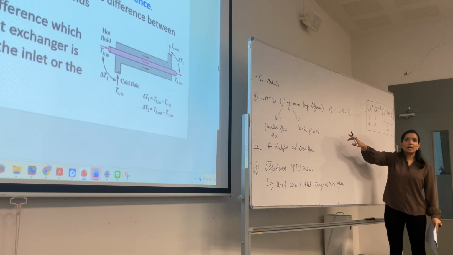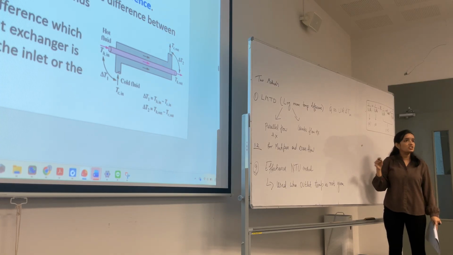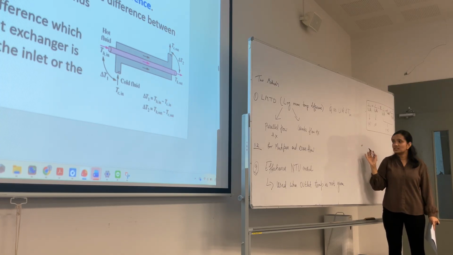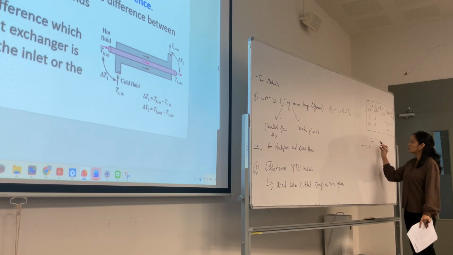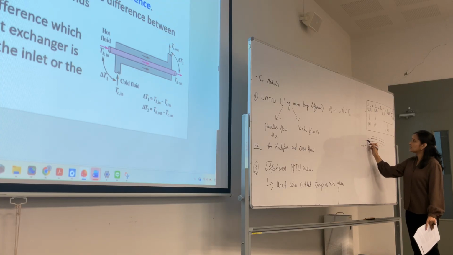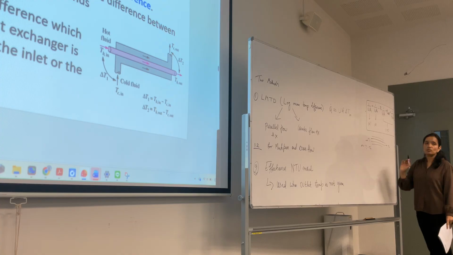Like I said, in the parallel flow and counter flow, the delta T does not stay the same. It is changing throughout the process, right? I cannot write T1 minus T2. Like if it's a flow, if it's a pipe, T1, this is T2. I cannot write T1 minus T2, right? The temperature is changing throughout the pipe.